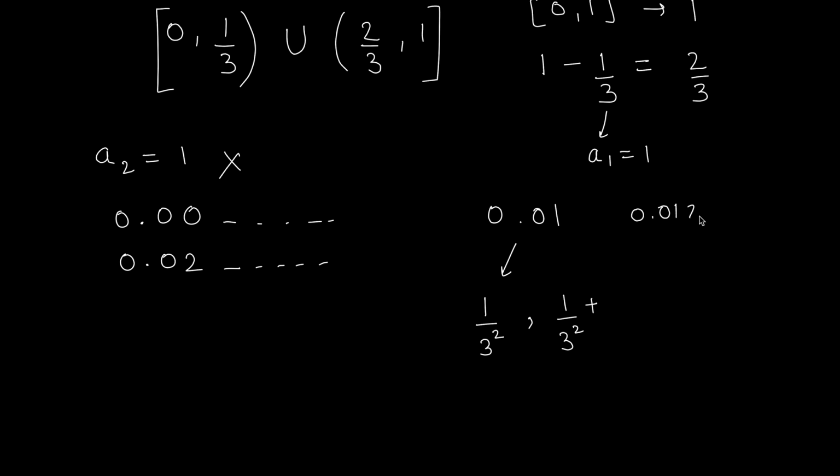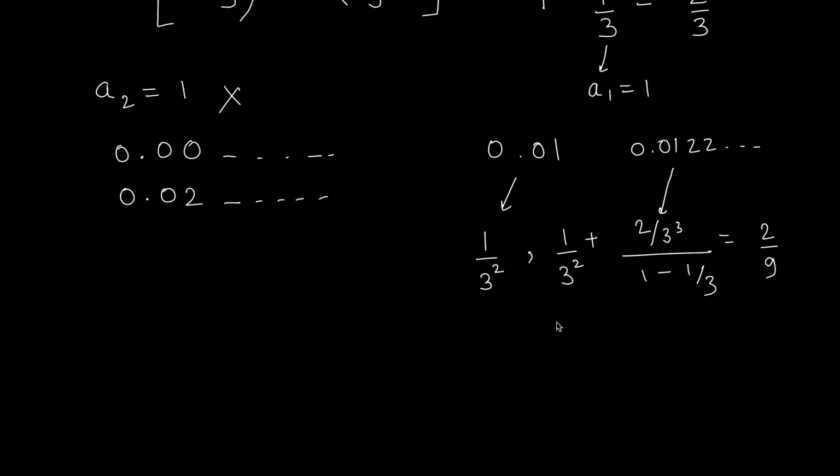So we are deleting all such sequences. This number corresponds to 1 by 3 square plus an infinite GP, where the first term is 2 by 3 cube, over 1 minus 1 by 3, which would again give 1 by 3 square. So overall this would give 2 by 9, right?